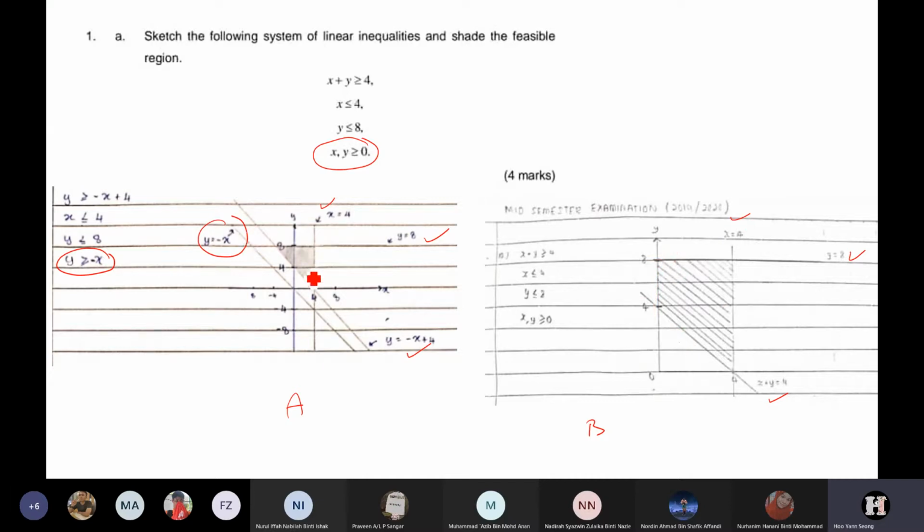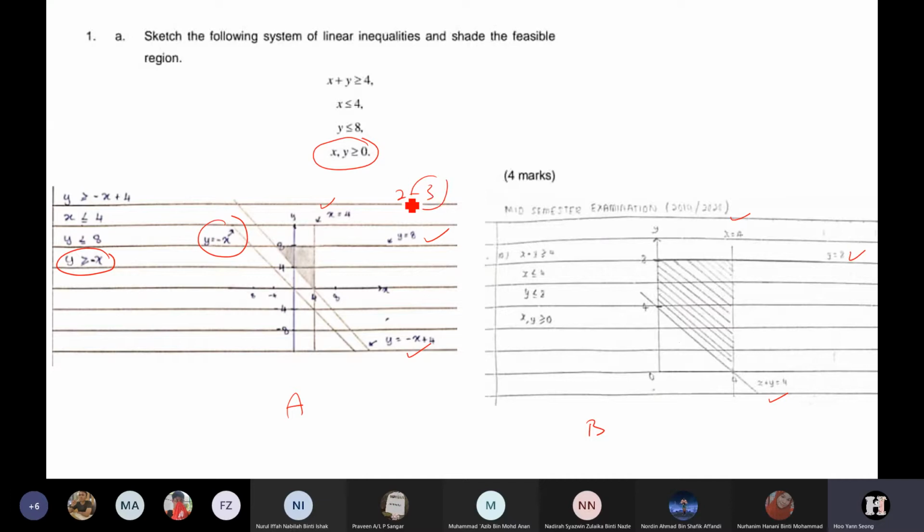Then we go back to over here. All 3 lines are correct, but because the final answer region is wrong, and the interpretation is wrong, normally you will get 2 to 3 marks. Maximum is 3 marks, depending on the condition.